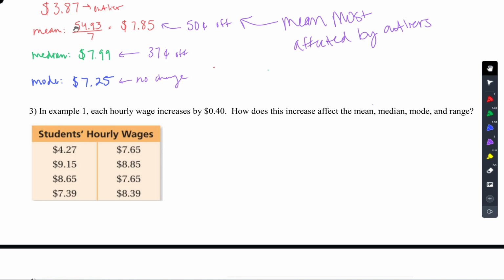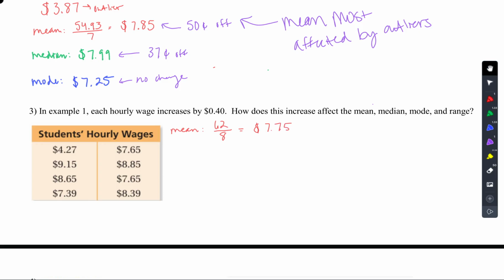So for the mean, what I did is I added them all up and divided by 8. When I added them all up, I got 62. It was actually very satisfying. So I got 62 when I added them all up, and there's 8 data points. If I divide that, I got 775.